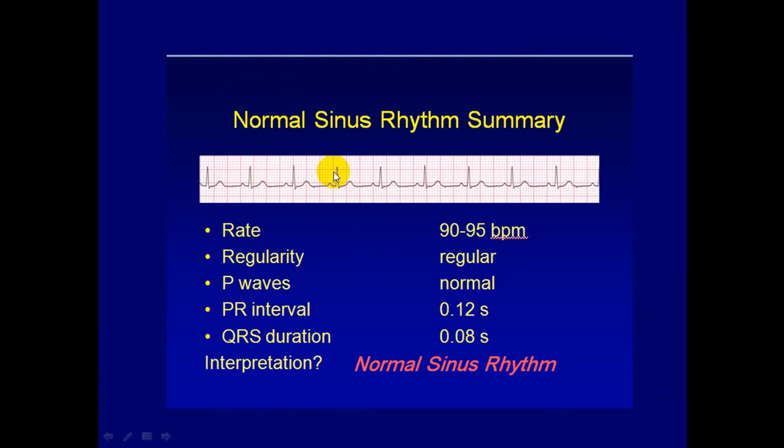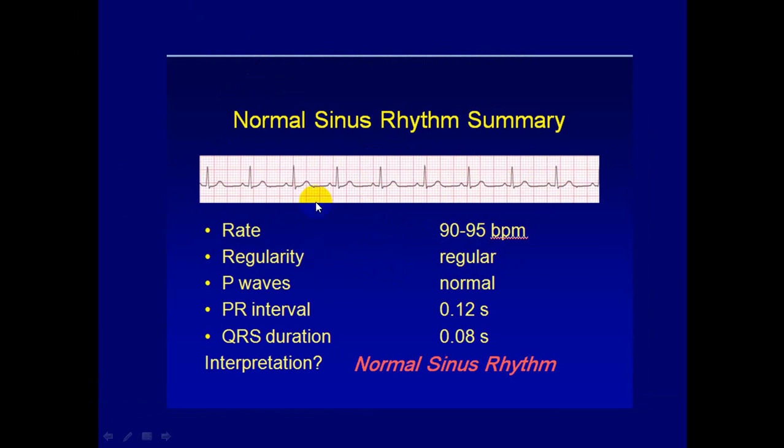In this sinus rhythm, if you look at it, the rate is about 90 to 95 beats per minute, and as we know, in sinus rhythm it is from 60 to less than 100. It is regular: if you take the R wave distance and measure it in this record, you find it nearly similar.